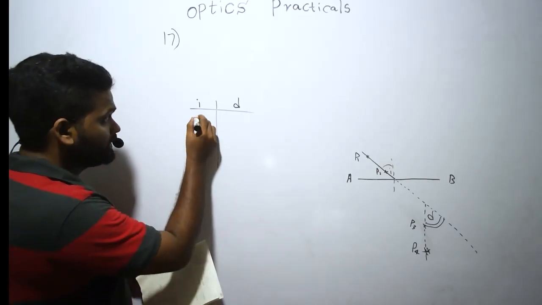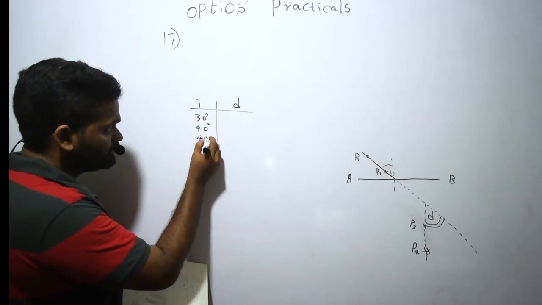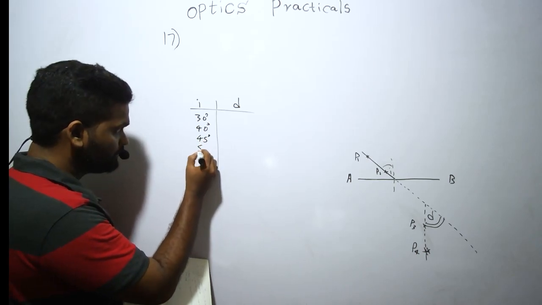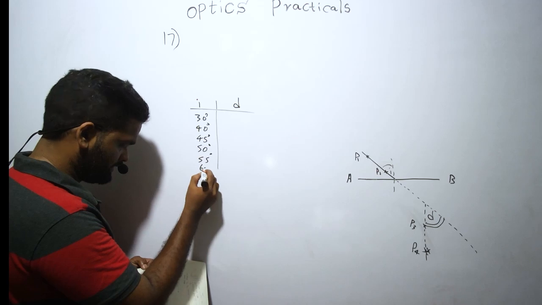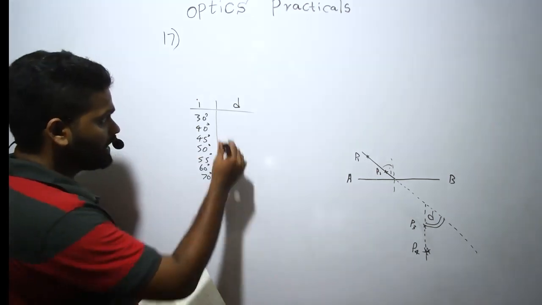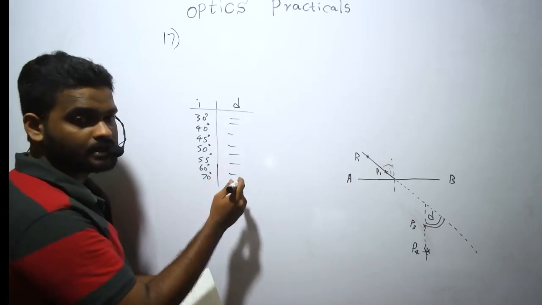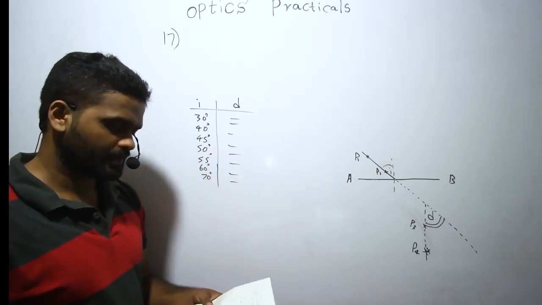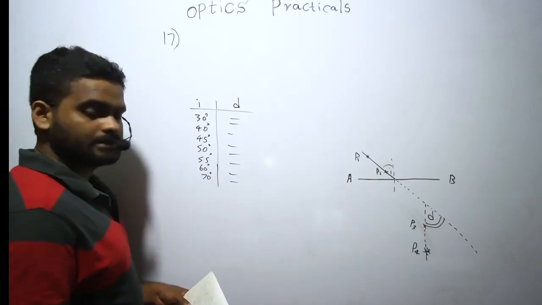Let's say you got readings like 30, 40, just take this down with me, 50, 55, 60 and 70. Let's say you take this and you have about 6 or 7 values, angles of deviation, right? Now what do we do?